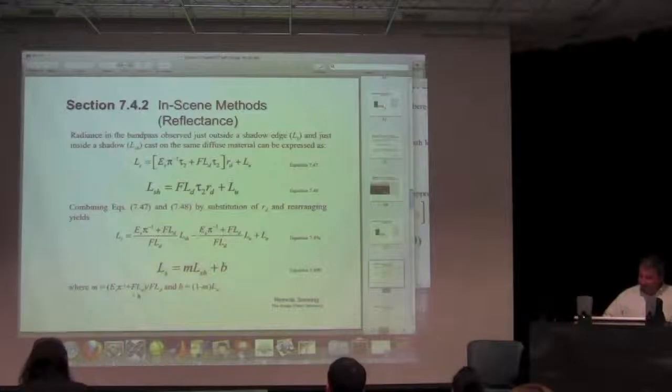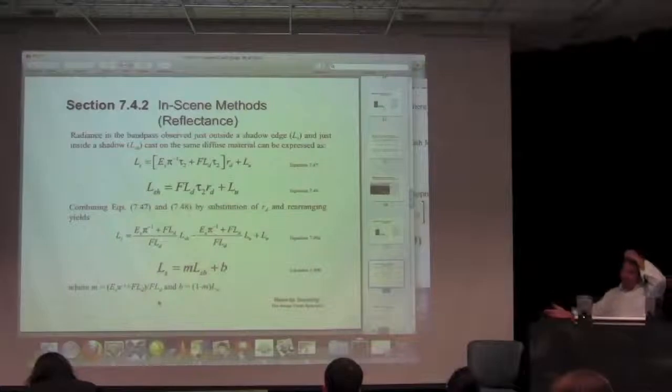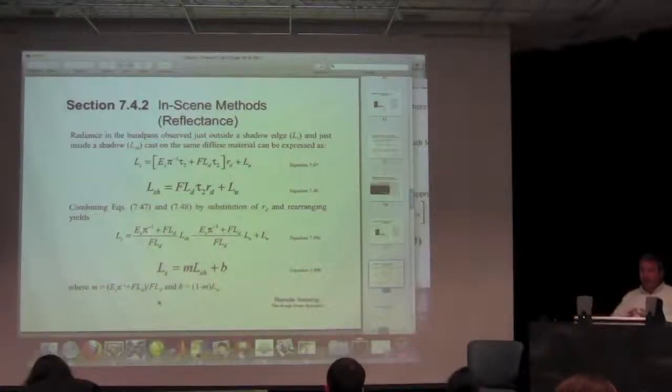Now, how about this term? What do we got over here? You've got your exoatmospheric solar radiance, which you know, downwelling radiance, which you don't know, and F, which you can estimate, so you can solve for your downwelling radiance. So using these simple measurements in the scene, you can solve for LU, and you can solve for LD.